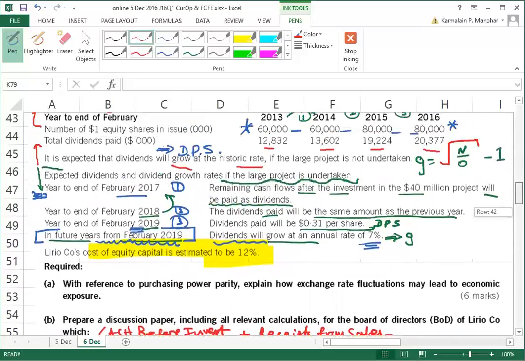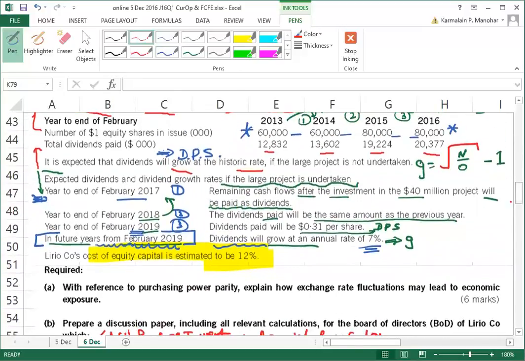Let me scroll up here, right there. The remaining cash flows after the investment are right there. So what are we going to subtract? Come on. This line here is telling you what to subtract. What do we do to find the remaining cash flow?